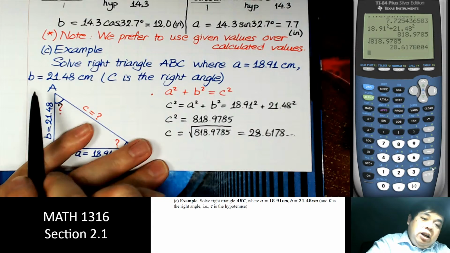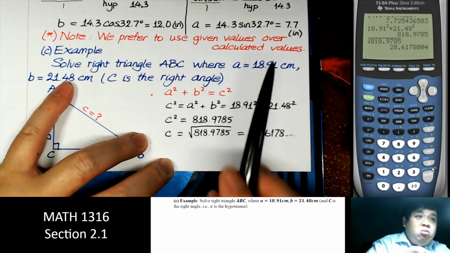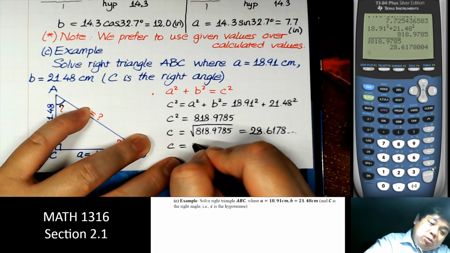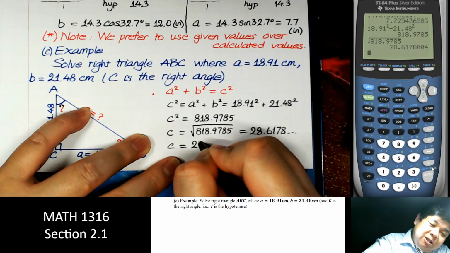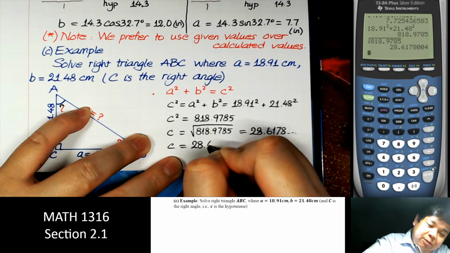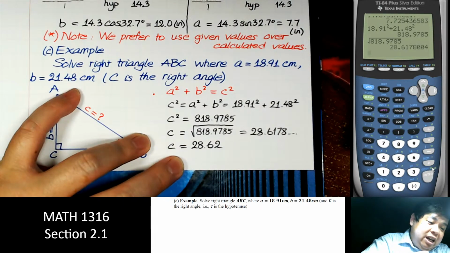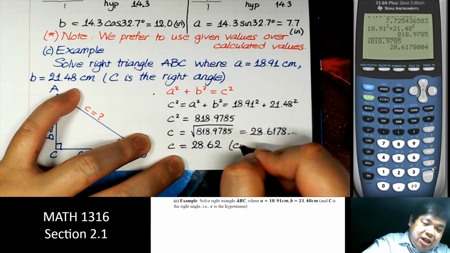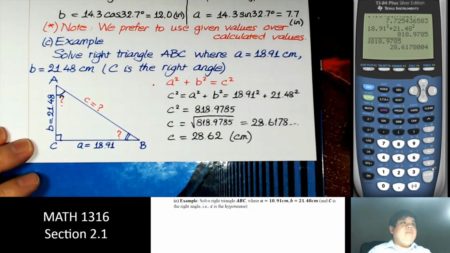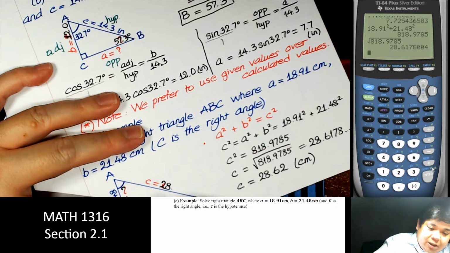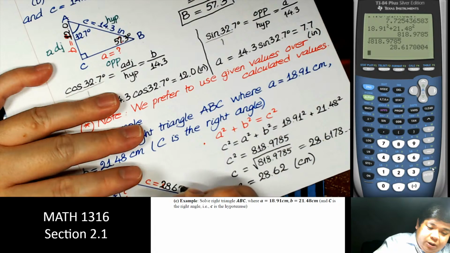Since they use two decimal places, we keep two decimal places. So we round to two, and the unit is centimeters. So we found that c is 28.62.